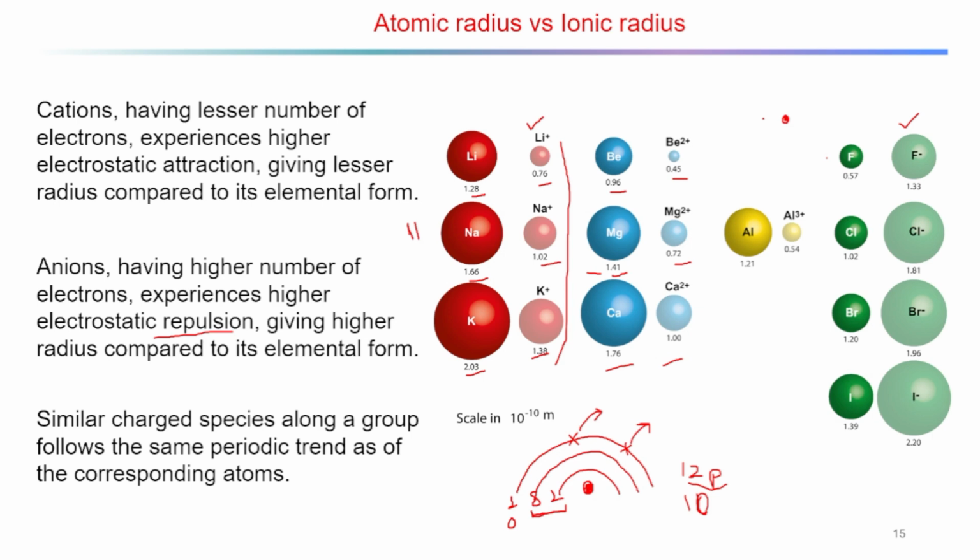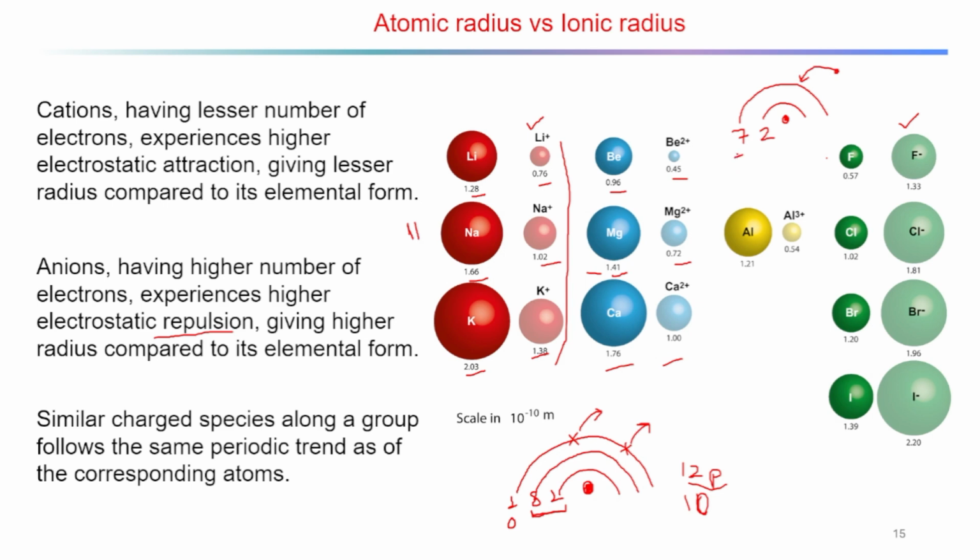This is the nucleus, this is the first shell, and this is the second shell. In the first shell we had 2 electrons, and in the second shell we had 7 electrons in case of fluorine. But when we are putting one more electron in the orbit, we are doing 7 plus 1.